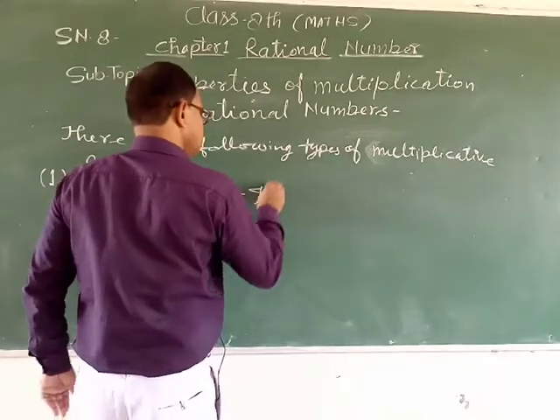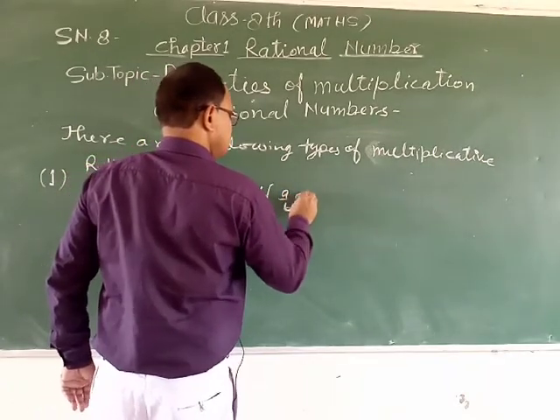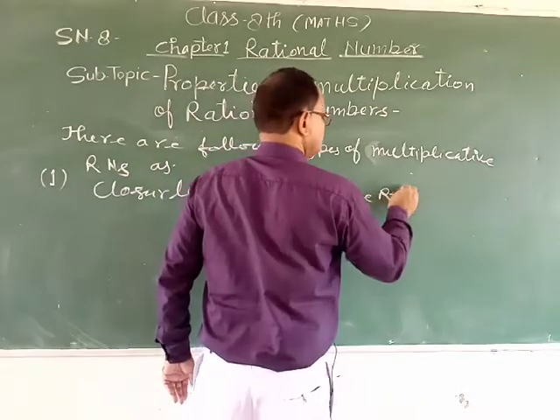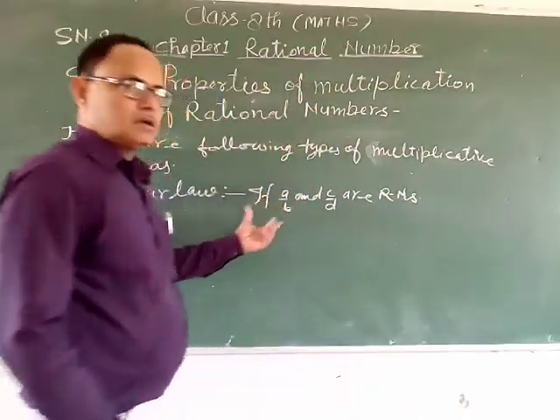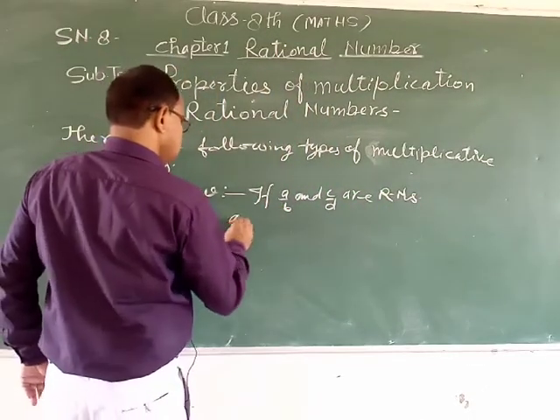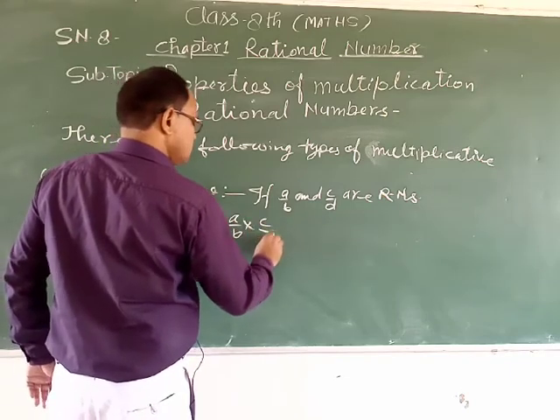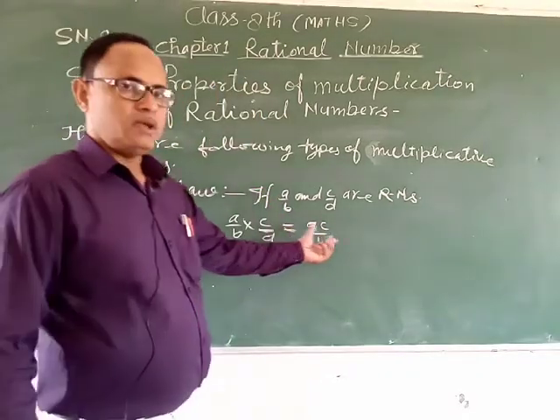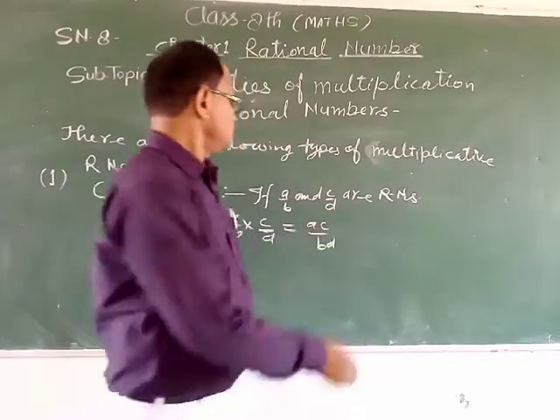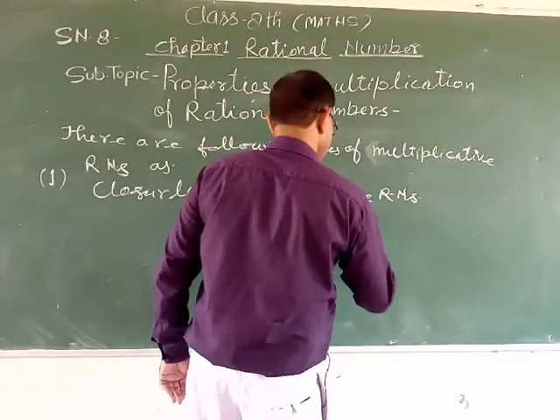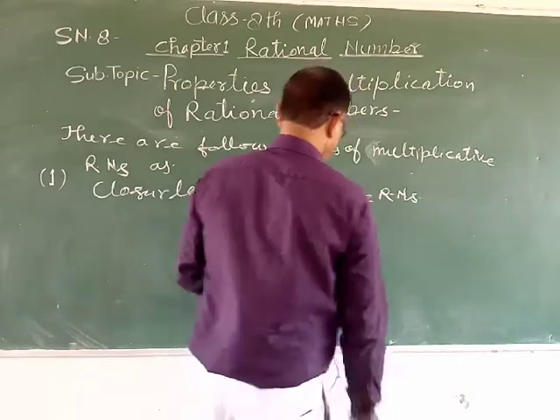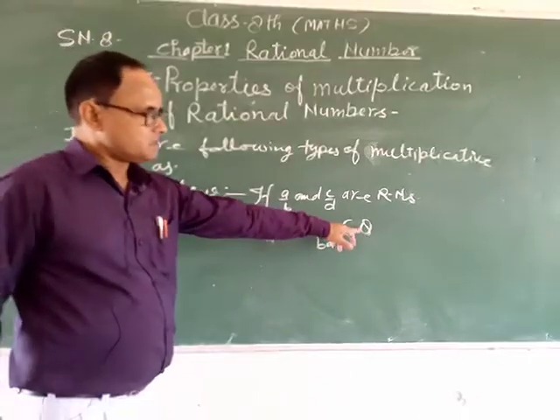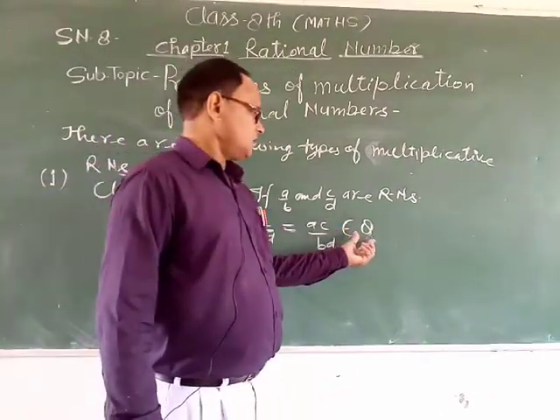In this case, if A by B and C by D are two rational numbers, we write here A by B into C by D is equal to AC upon BD, also belonging to Q, or AC upon BD is a rational number. Q is the symbol of rational numbers. All rational numbers belong to Q.